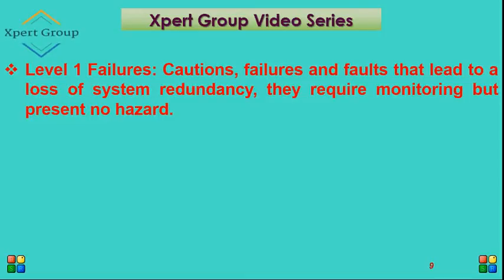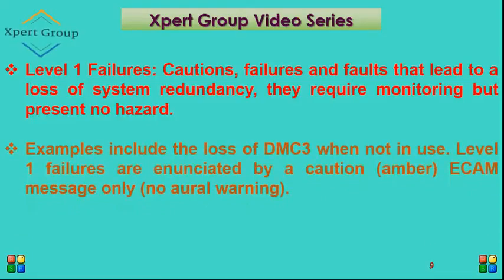Yes, when a fault or failure comes and leads to a loss of a system that will not hamper the safety of flight, it requires monitoring, because when a level 1 failure comes, there is no hazard. An example includes the loss of DMC3 when not in use.